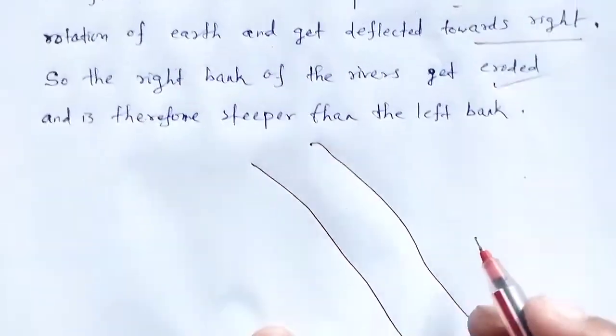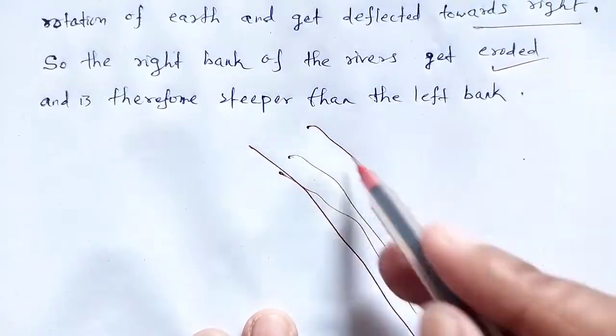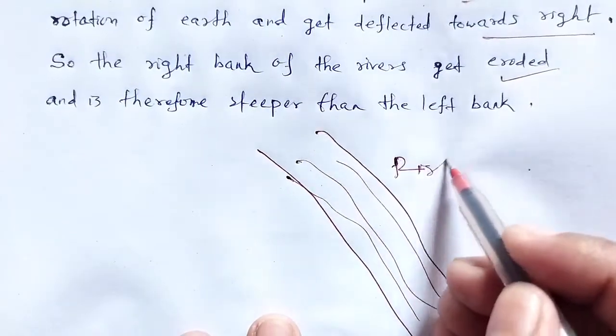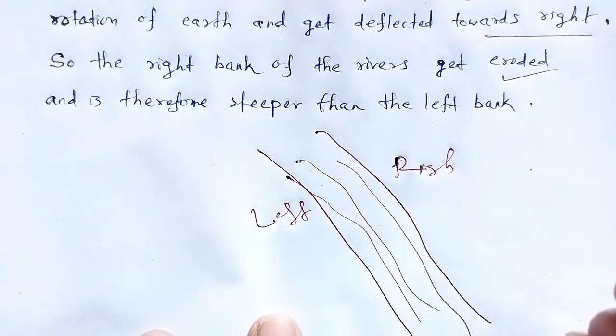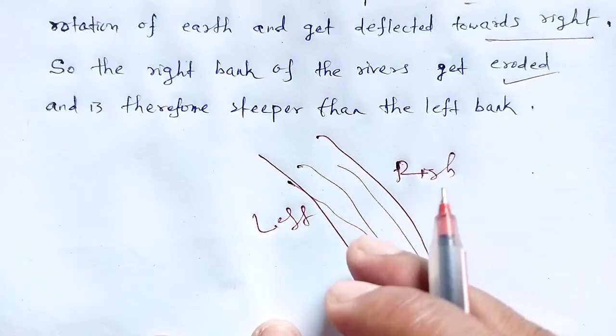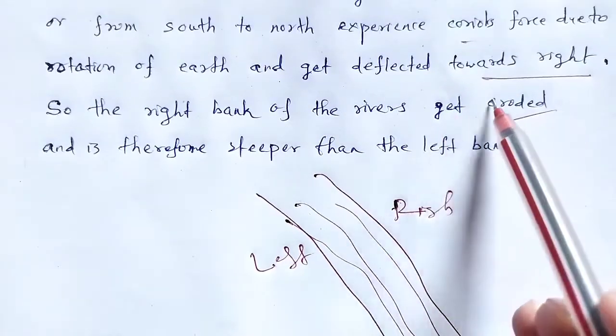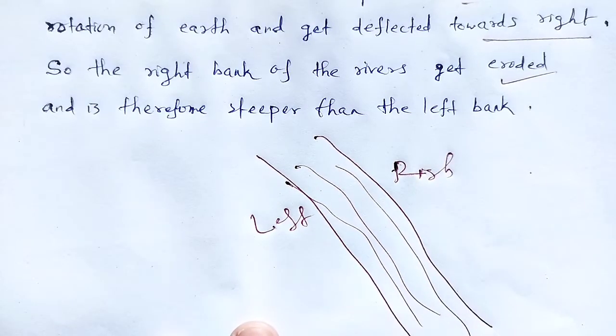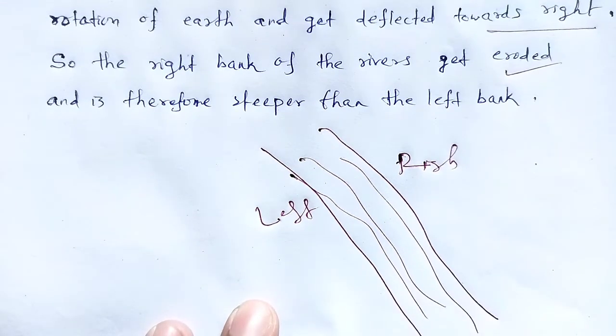Let this one be a river, these are the banks, that is the right bank, that one is the left bank. Due to the Coriolis force of the earth, when a river flows in the northern hemisphere, look here, for a river flowing from north to south, the right bank is towards the west, which is subjected to greater erosion.